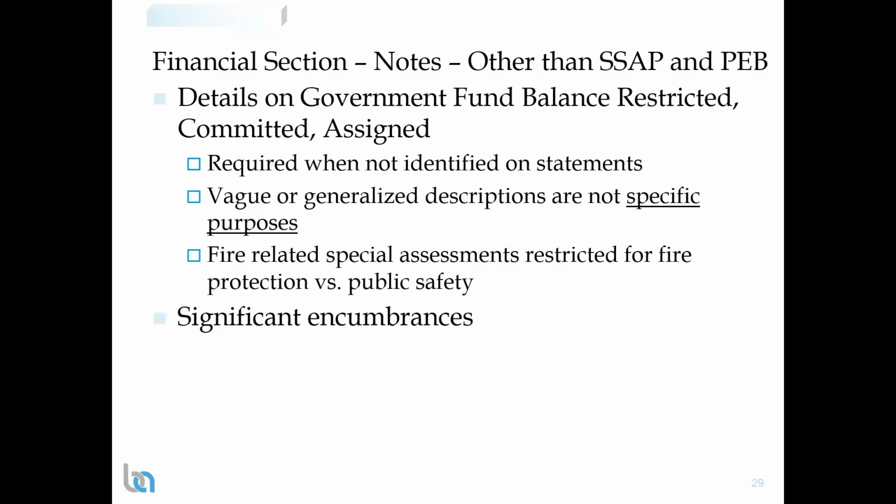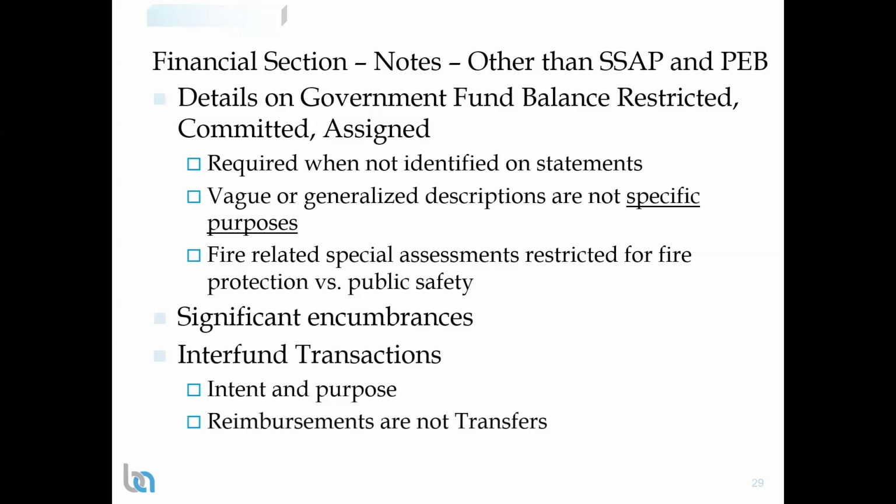So it's good information for the reader to know, because when they see your financial statements, they'll see that you have $1 million of unassigned fund balance, but they don't know that there's actually going to be, actually, that's probably a bad example, but sorry. But you get the point. That's the significance of the disclosures, so the reader knows how much of that fund balance is going away right after the end of the year.